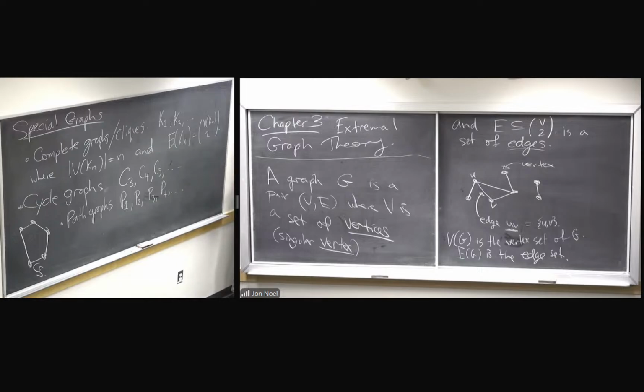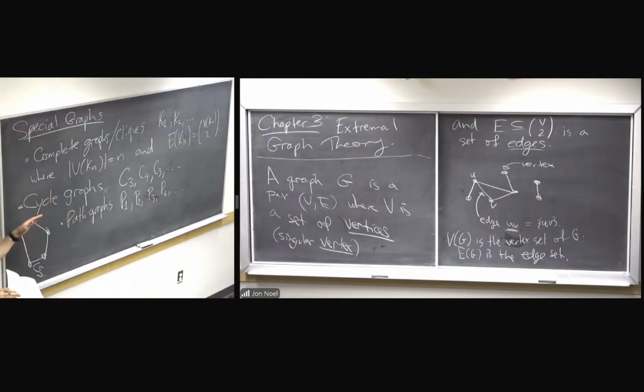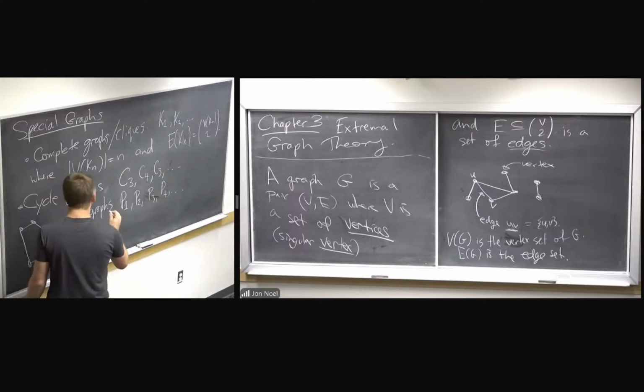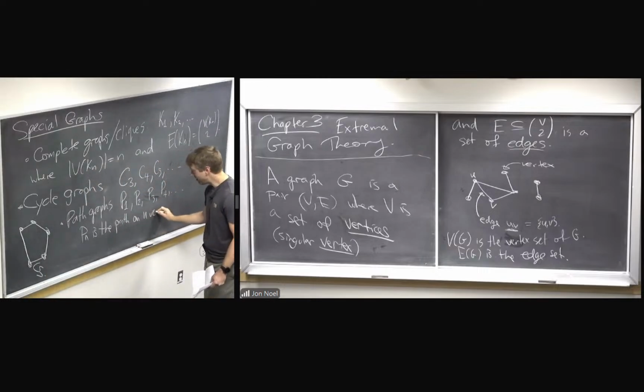That's what we're going to go with, although I'm starting to be converted. I kind of feel like maybe it should be the path on k edges, but the course notes are written with vertices, so we're going to be very vertex-centric here. So Pn is the path on n vertices, even though in some cases it might be better for it to be edges. Anyway, P1 is like this, P2 is like this, P3, and so on.